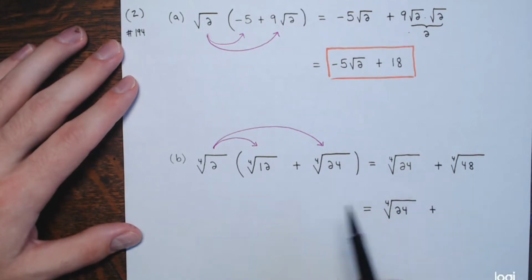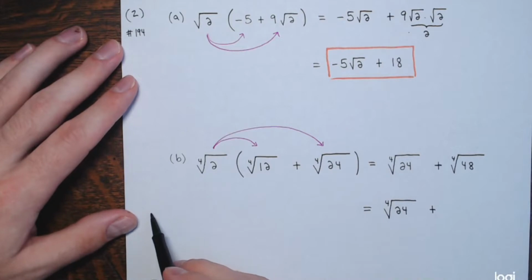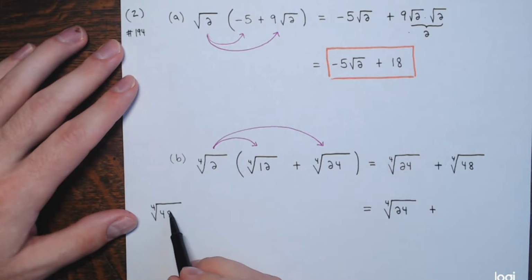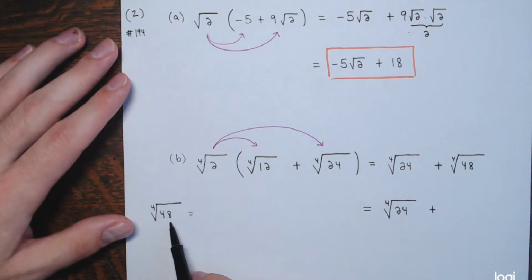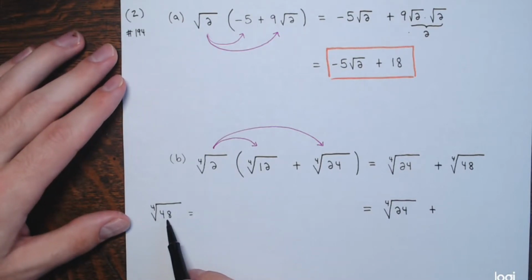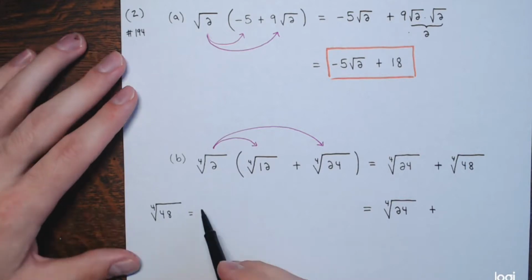But the fourth root of 48, on the other hand, that can simplify. 16 goes into 48 evenly, right? 16 times 3. And 16 is a fourth power. 16 is 2 to the fourth.